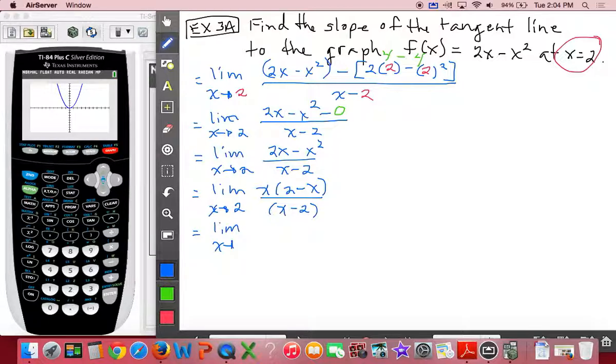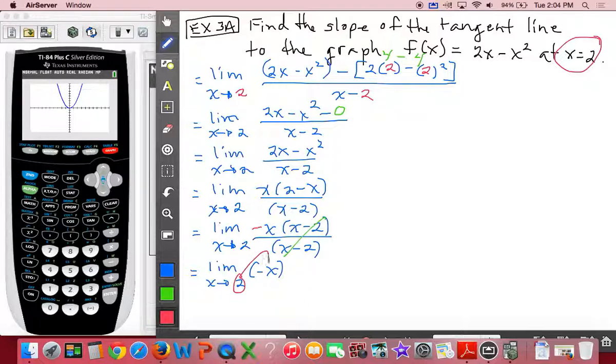So instead, as x approaches 2, we're going to factor out a negative x. And that will give me x minus 2 up top and x minus 2 on the bottom. And then we can cancel out the x minus 2's, and our simplified limit as x approaches 2 is actually equal to negative x. What do we do with that?